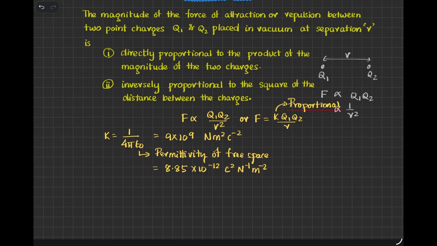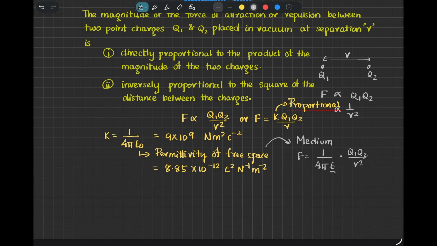Permittivity of free space has this much value, but if we have electrostatic interaction between two charges in a different medium, let's say we discuss the same thing in a different medium, this force can be written as F equals 1 by 4 pi epsilon, instead of epsilon naught, into q1 q2 by r square.